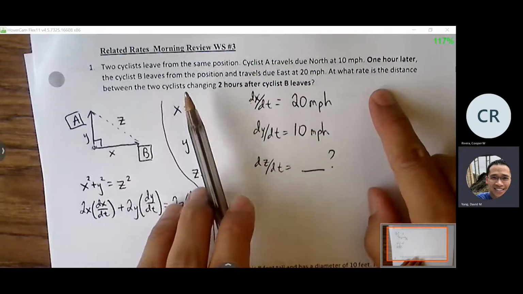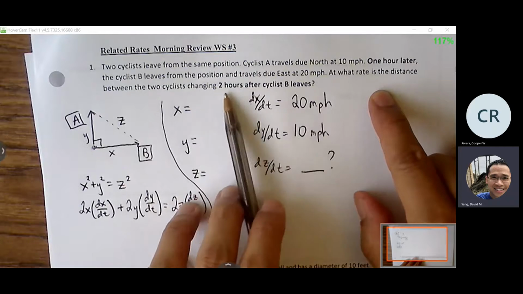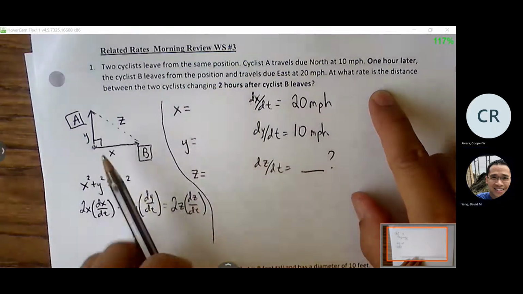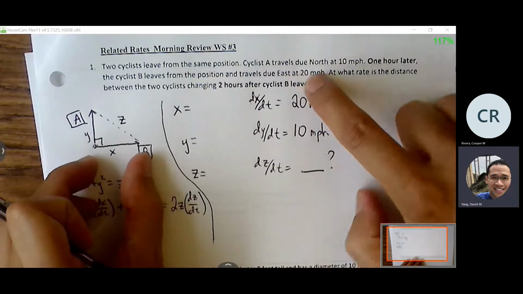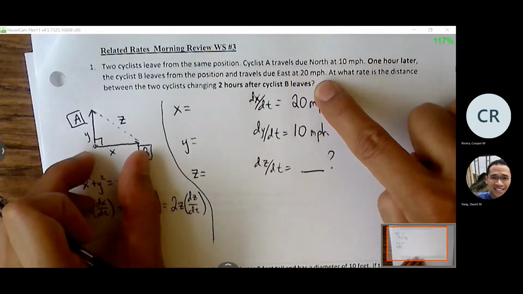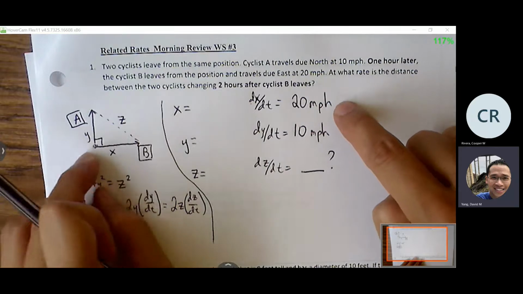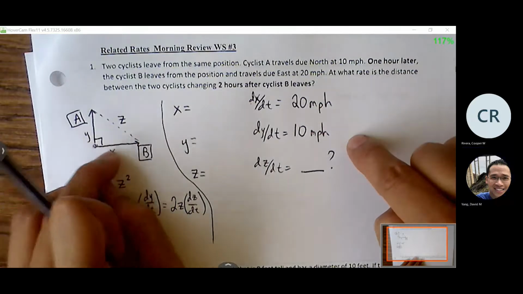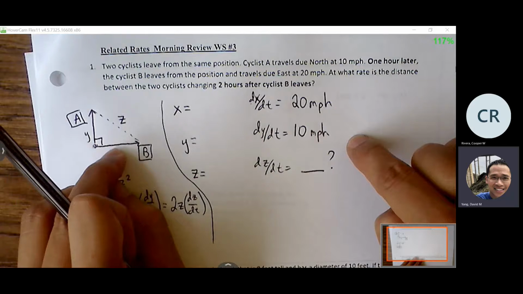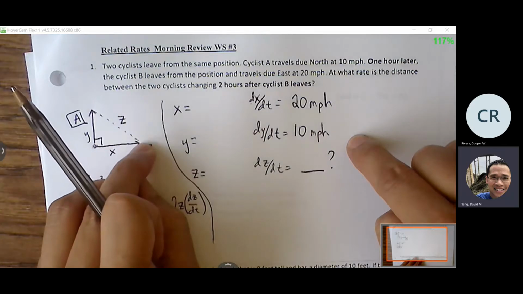Let's do the easier one first. I think the easiest one is cyclist B. How far away is cyclist B after 2 hours? 40 miles, right? He's traveling at 20 miles per hour. In 1 hour, he'll be 20 miles away. In 2 hours, he'll be 40 miles away.